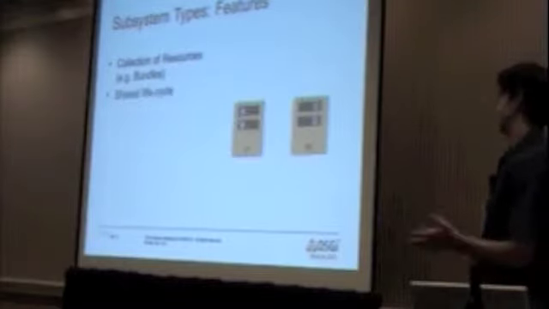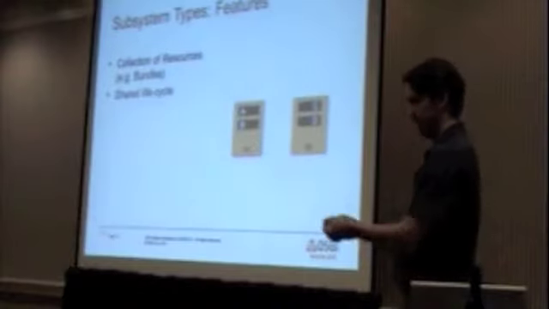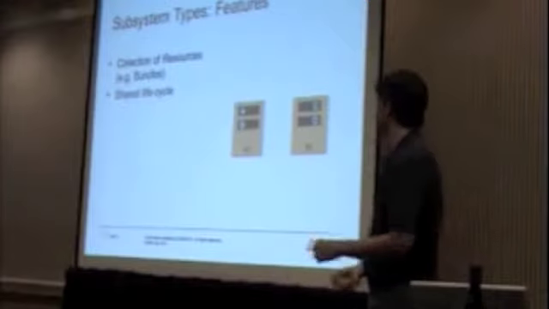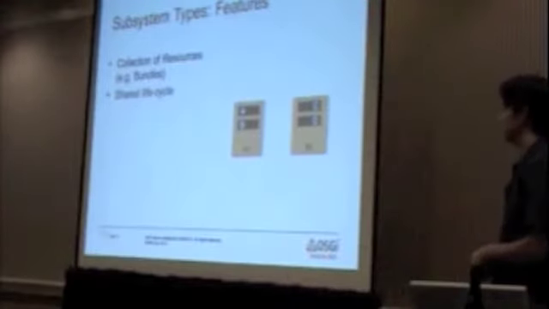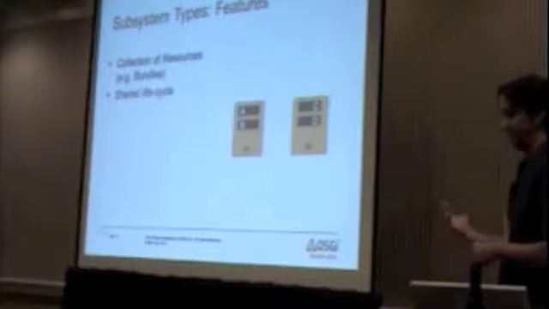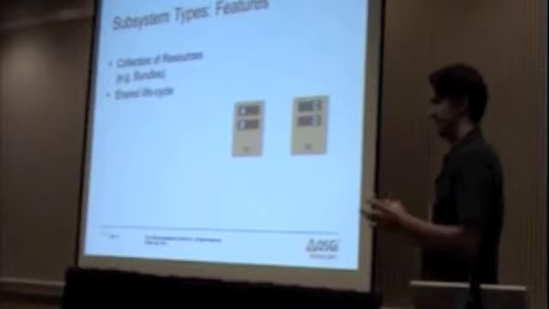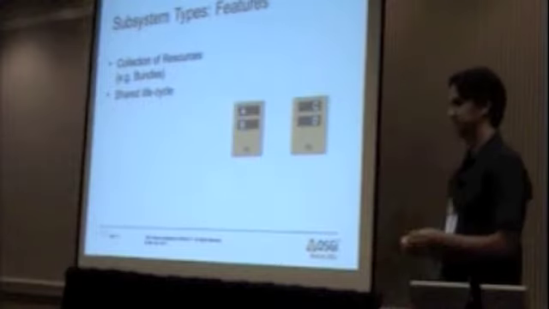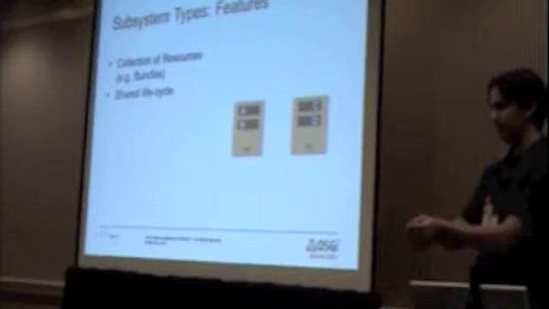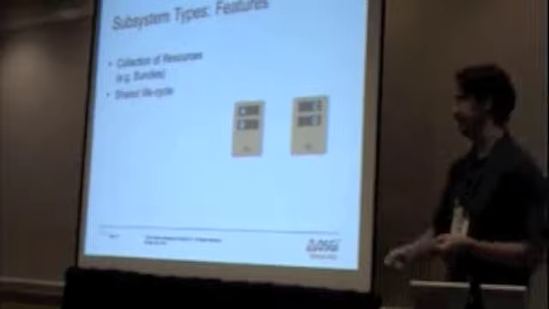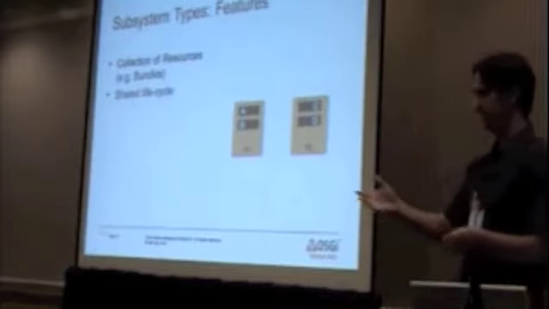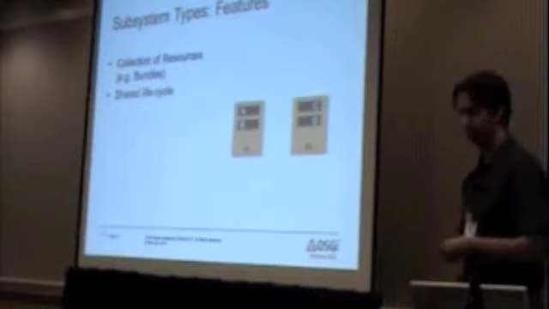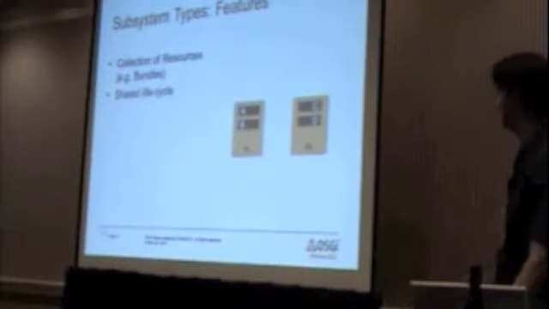So we're going to say A and B belong together, and they provide some functionality, and I'm going to call that feature F1. And similarly, C and D provide some functionality, and I want to group them together and have them have a shared life cycle. So when I install F1, I'm going to get A and B. And also if I uninstall, they're going to be uninstalled, and basically across the board, start and stop.